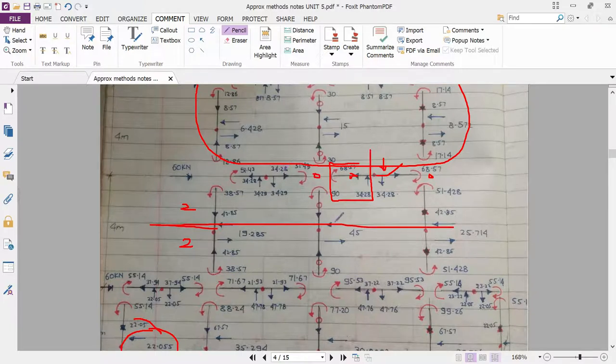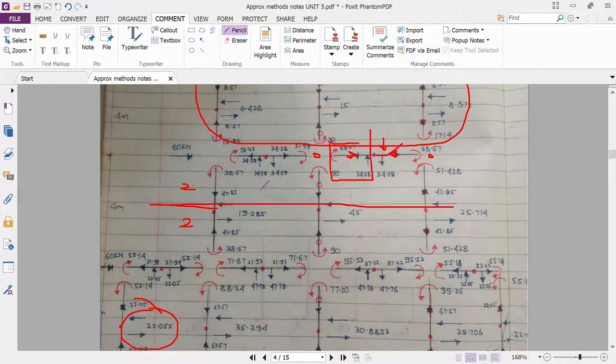So the direction of force you obtain by subtracting 34 from 45 will go in this direction, to maintain the equilibrium. Similarly it will be in this direction. So you have to calculate this and put this.